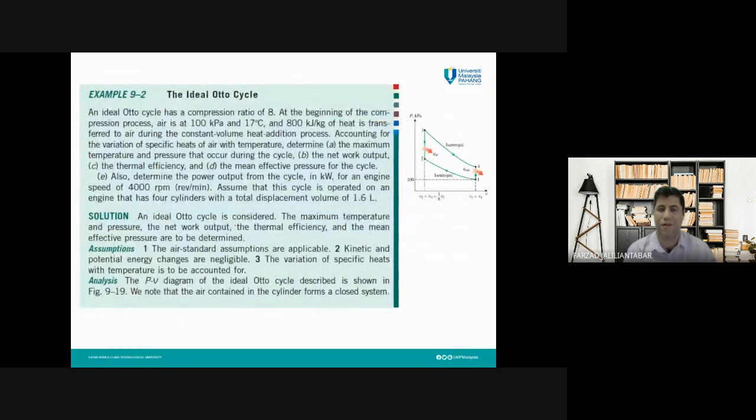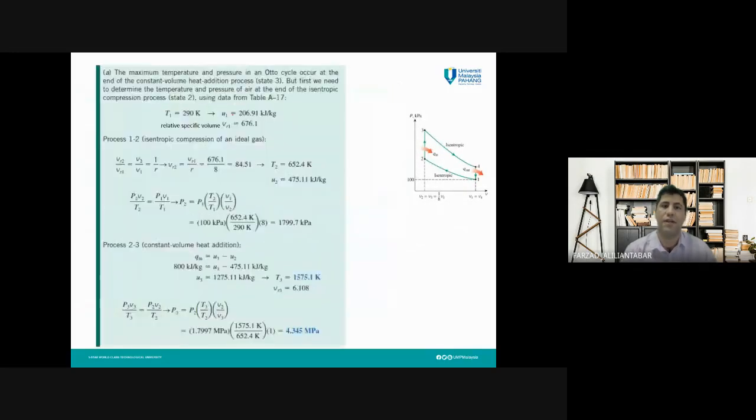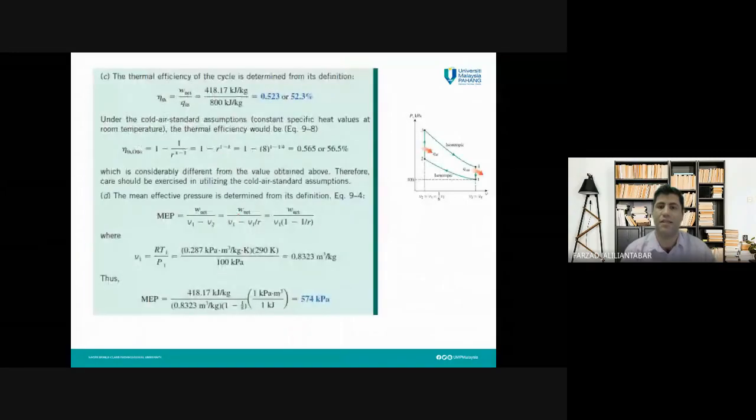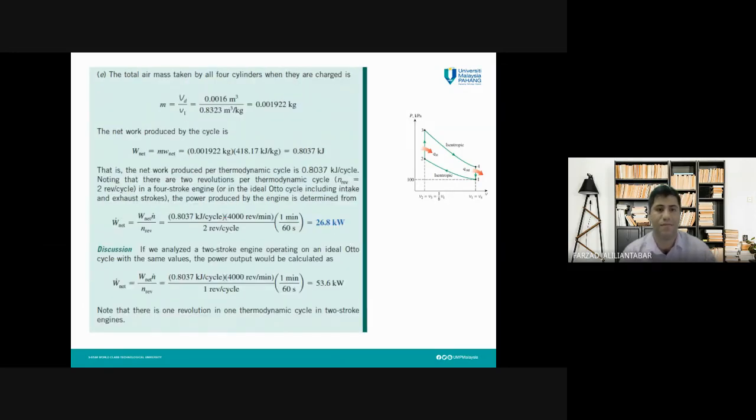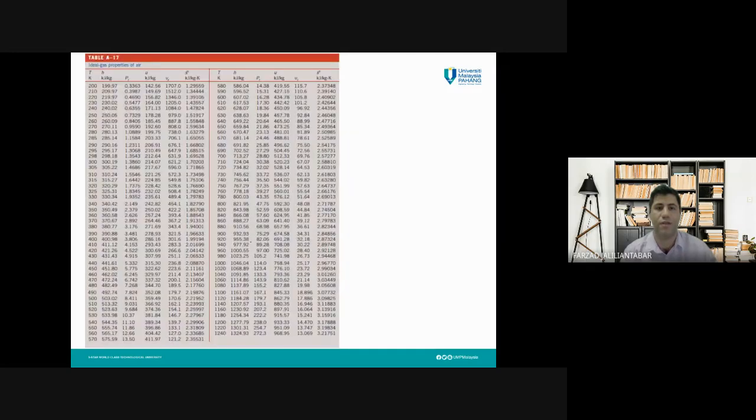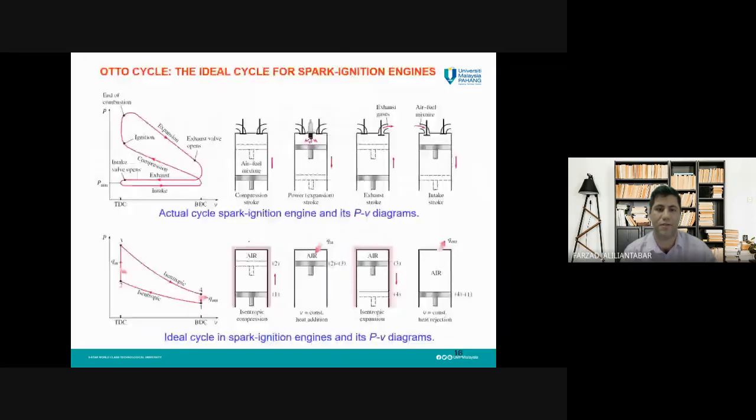And finally, we will solve an example related to the Otto cycle, which is one type of gas power cycle. So you can see what we will have for today's session in this slide.